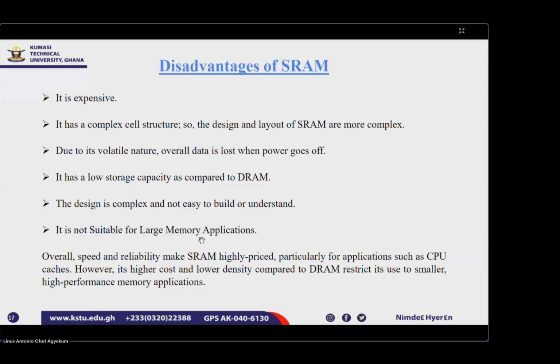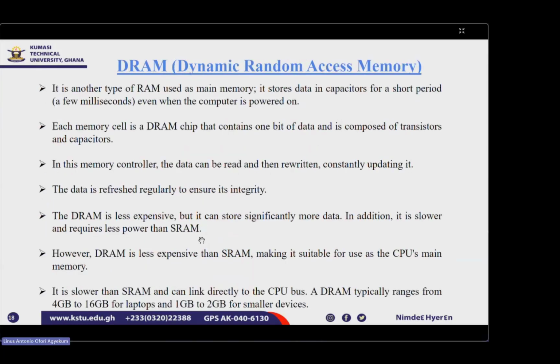Okay. Now, let's look at the dynamic random access memory. It is another type of RAM used as main memory.